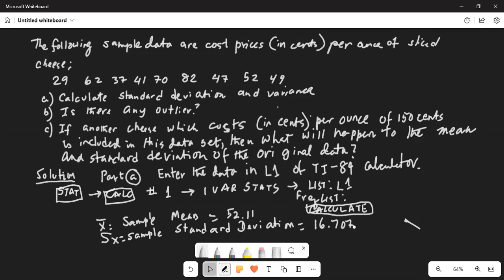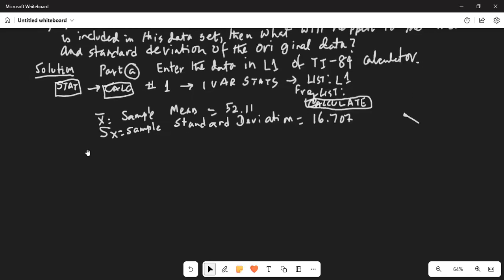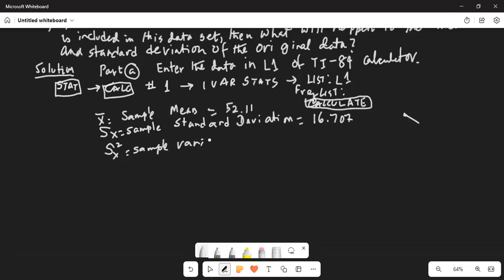Okay, then I'll create some space. So the sample variance, Sx squared, if I were to calculate it, I will type 16.707 separately in the calculator and then press the x squared button after that, which will give you exponent 2, and then hit enter.